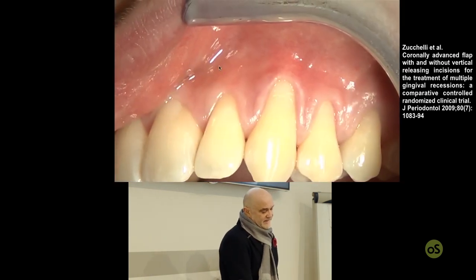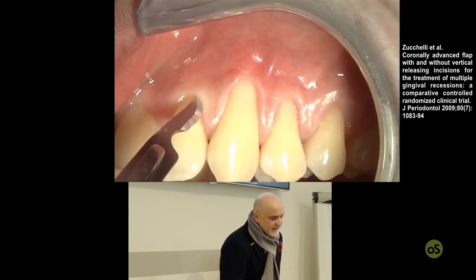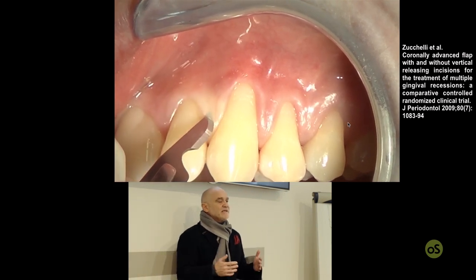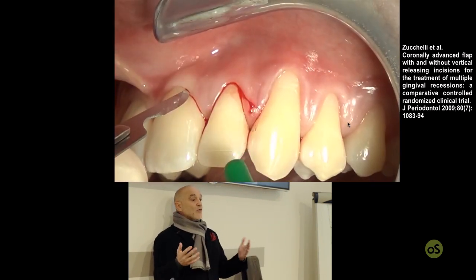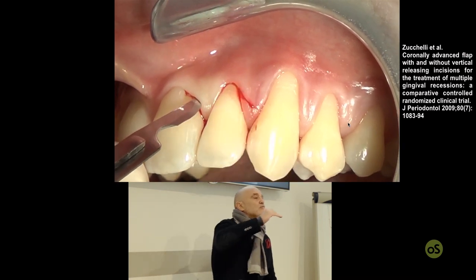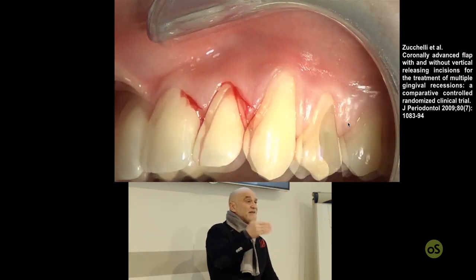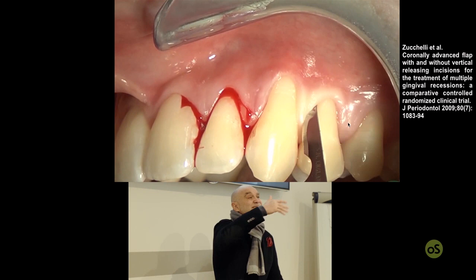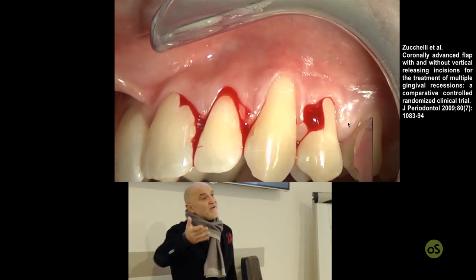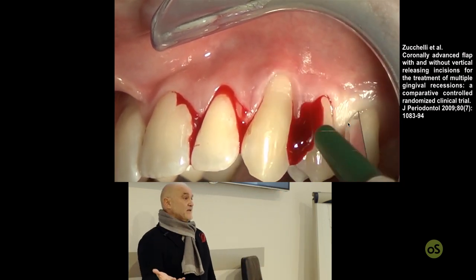But the great advantage of this technique is really that the flap is opened from 1 to 6. If there is no recession, for example, if I don't have any recession in the molar, it doesn't make sense to extend the flap to a tooth that is perfectly healthy.